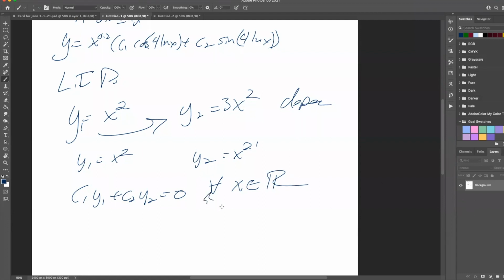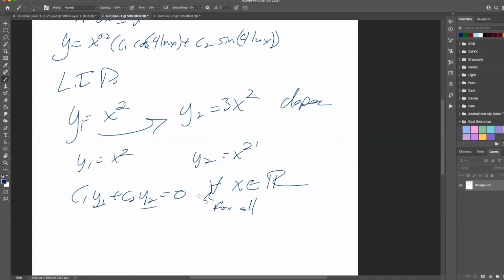Have you guys seen this symbol before? The upside down A? It's for all. Yes, no, maybe. Some of you. So this has to be true for all x's, even though if I plug in x equal to 0, I don't need C1 and C2 to equal 0. So this is what it means to be linearly independent.